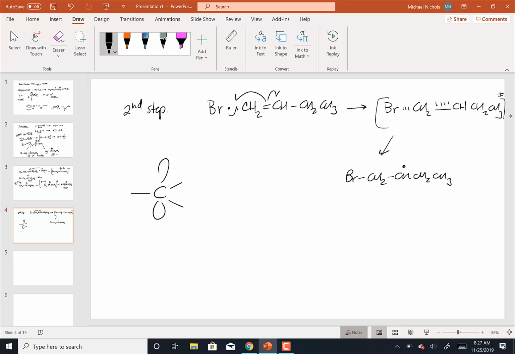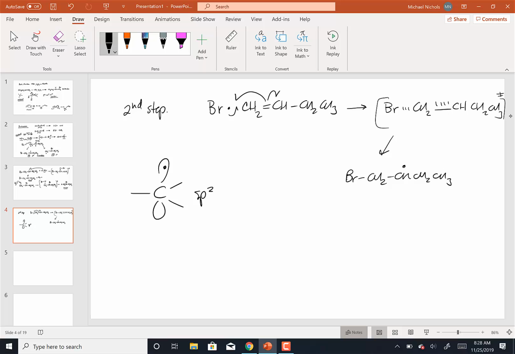Yes, but not in this class. So the radical is sp2 hybridized, which means it has this structure, which when this p orbital was empty, that was a carbocation, but now it's a radical, so that p orbital contains the unpaired electron. And that unpaired electron is going to spend 50% of its time in both lobes. Okay.